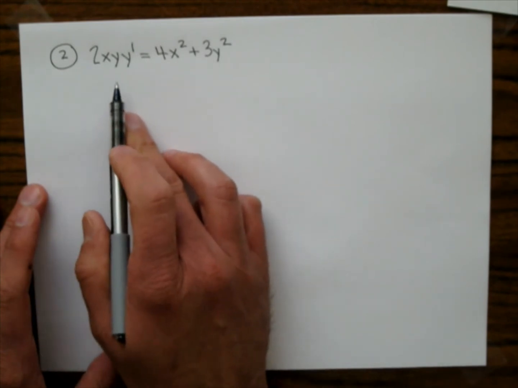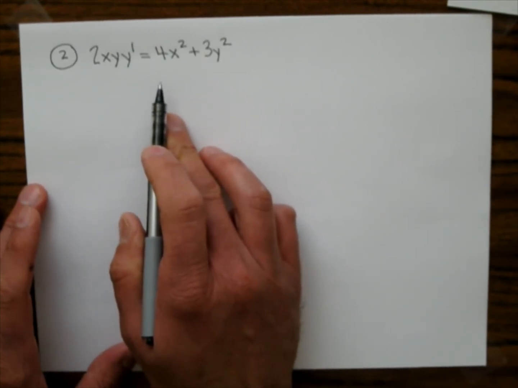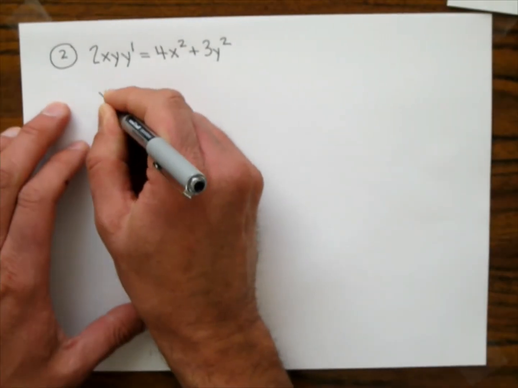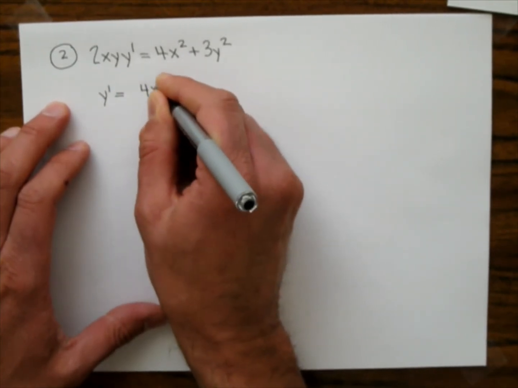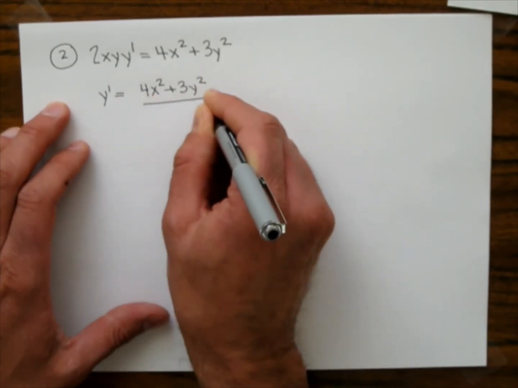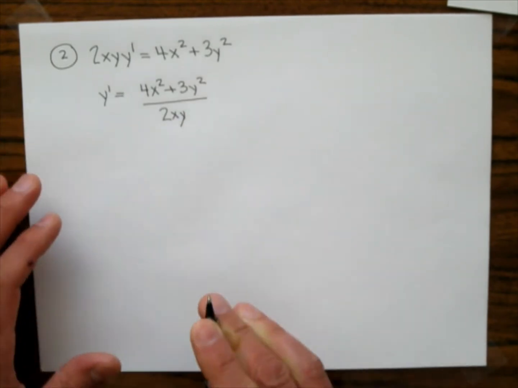Once again, I like to call these sections what kind of equations we're solving, and this is an Euler-homogeneous, or is it? Let's check. The first thing we want to do is solve for y prime. And when I do that, I get (4x squared plus 3y squared) all over 2xy. Okay, that's a y there.